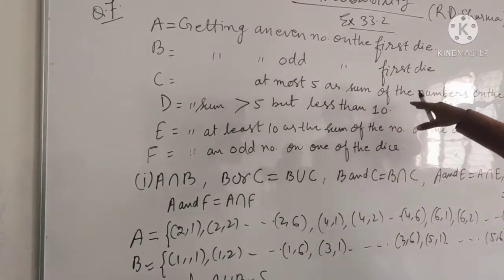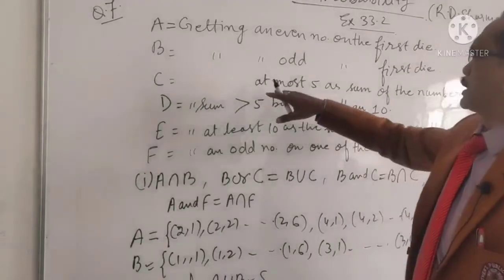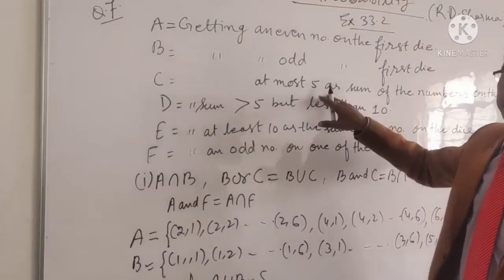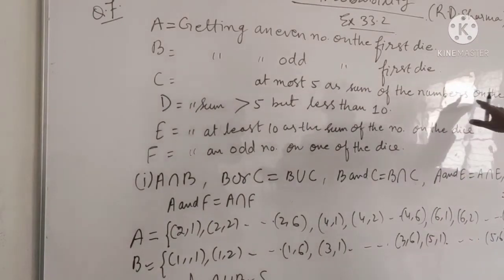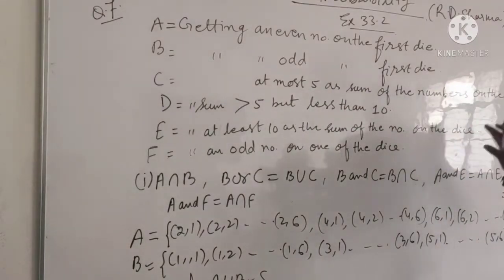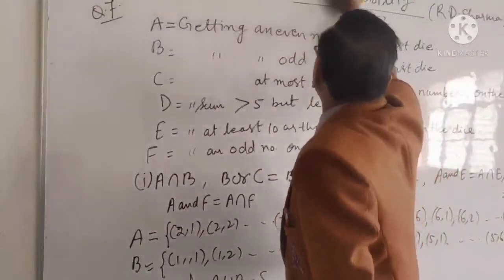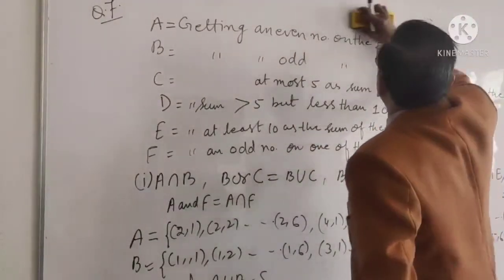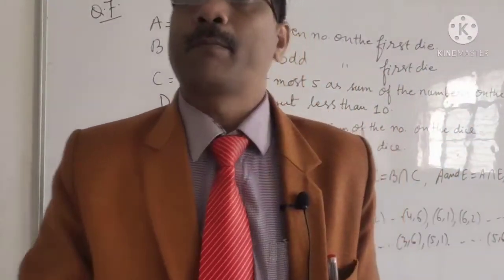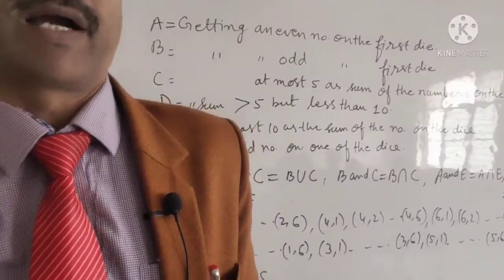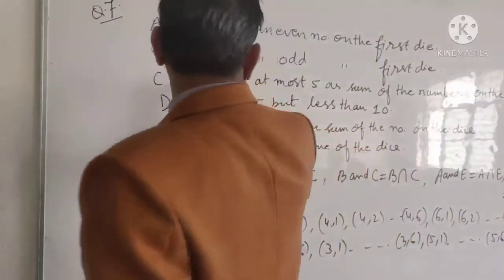It cannot be mutually exclusive because in C the sum is at most 5, the sum of the numbers on the two dice. So if we find event C, the sum is at most 5. The minimum sum is 2.